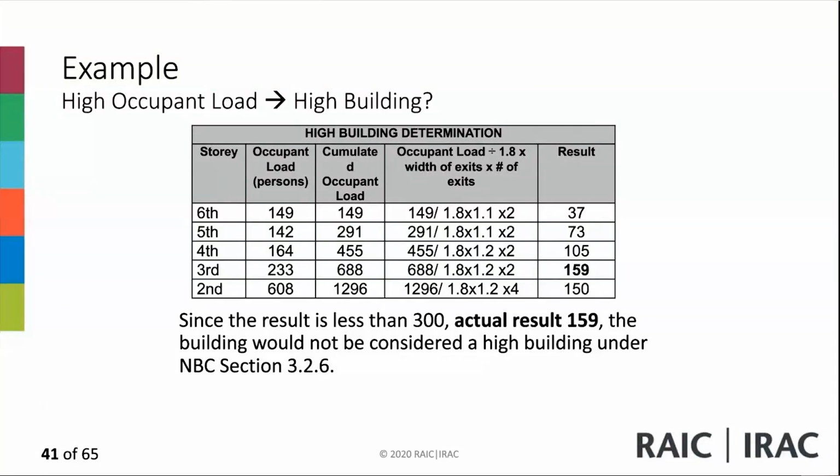This is somewhat related, but do you use cumulative occupant load in determining exit width? So when you're doing sort of a reverse calculation? No, you don't do that. You take the occupant load at each floor and you address it floor by floor. Now there is some cumulative when you have horizontal exits.